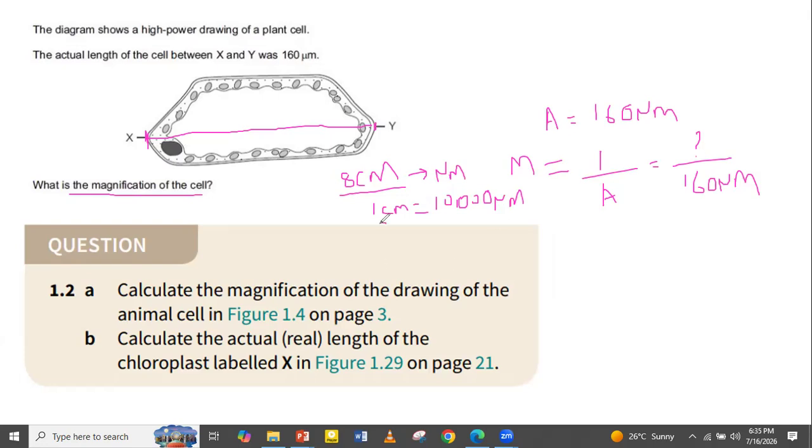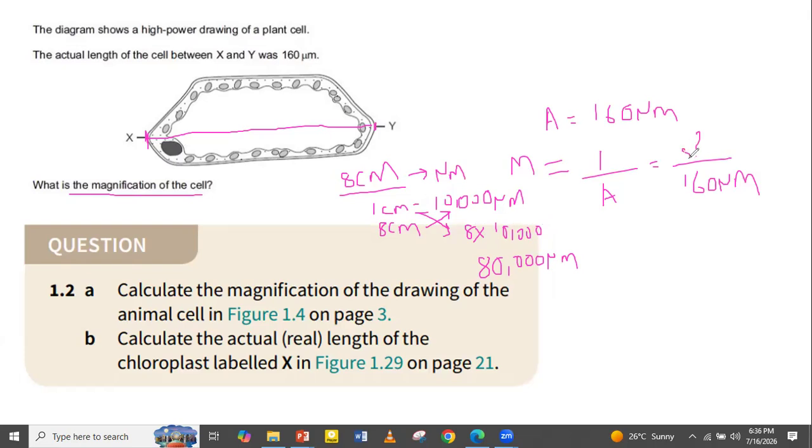So still do the math: 8 centimeters, cross multiply. It's going to be 8 times 10,000, which is the same as 80,000 micrometers. So I can bring that into our formula.